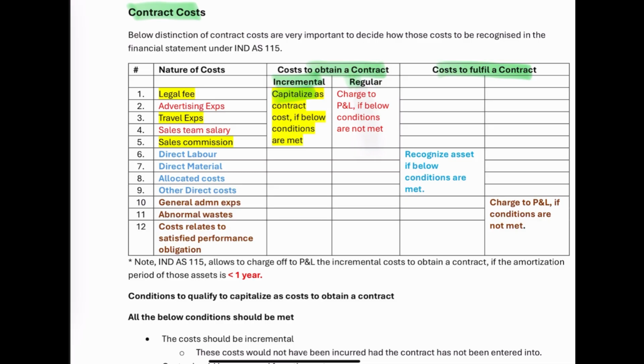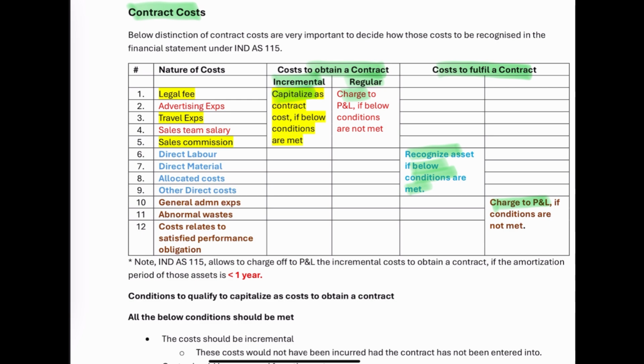If it is not an incremental cost or if it is of a routine nature, then it should be charged to P&L. Similarly, under cost to fulfill a contract, we can recognize this as an asset if certain conditions are met. If those conditions are not met, then it should be charged to P&L. So this is how we are going to see in detail.